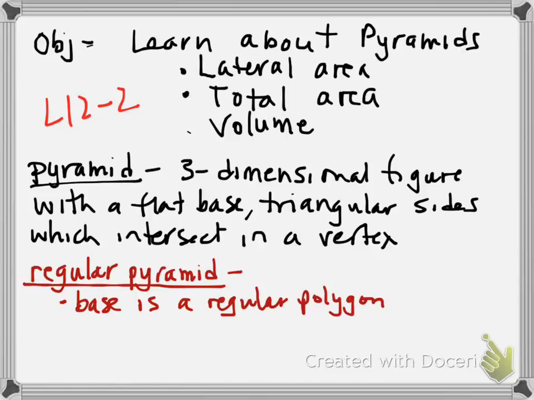So the base is going to have all the sides congruent, all the angles congruent. In addition, all lateral edges, those are the edges that go from the base to that vertex point, are congruent.